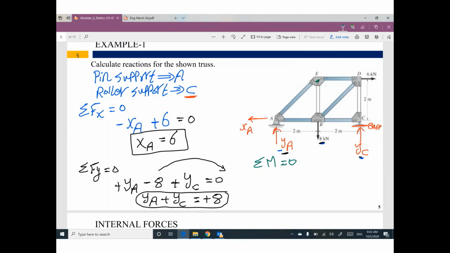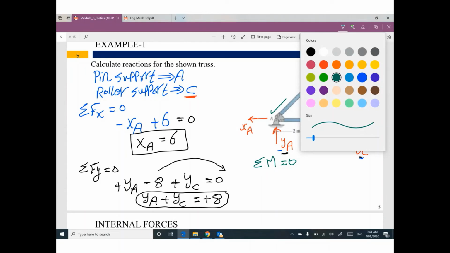Moment at D, okay, but your problem will not be easy. Please take moment at one of the given supports. So I will take moment at E, or I will take moment at C. But I highly recommend taking moment at the support with the highest number of reactions.